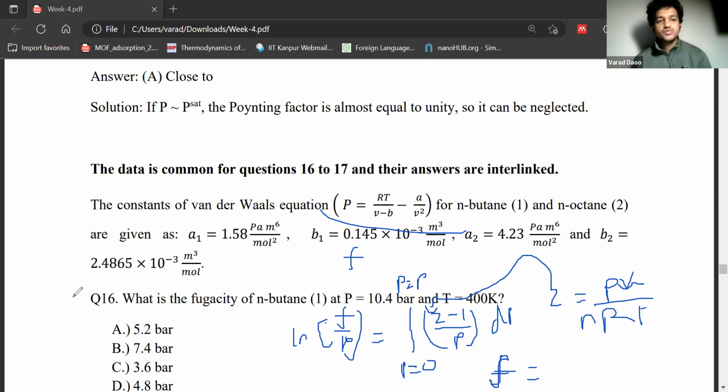So here in this question, what I have asked is for n-butane, and in the next question it is for n-octane. Okay, so once you get this expression, you will get two questions answered, right? That is why, with this concept, you try to solve it. I'll give you 5 minutes, or more time, to solve it. Okay.